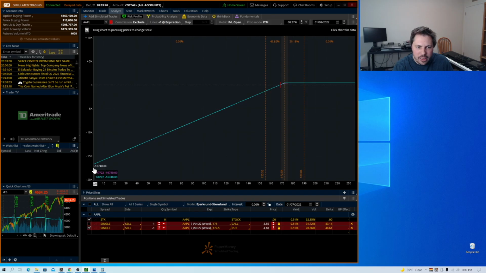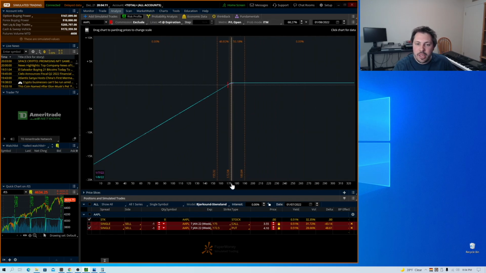The maximum that this can lose is if Apple went to zero, right? If you sold that put and you were long the stock now, right? You sold the put, you got assigned 100 shares of Apple, and if Apple went to zero, you would lose your strike price where you were assigned times 100 shares, right?